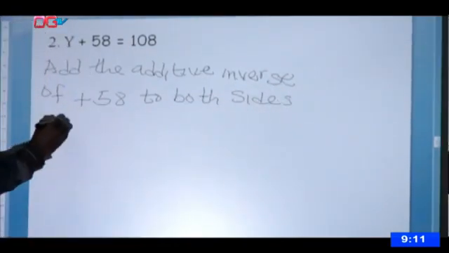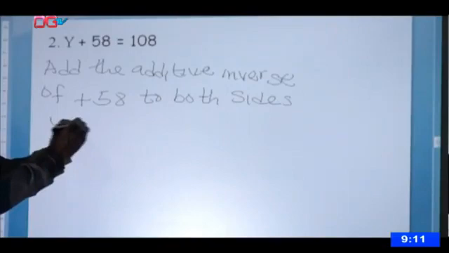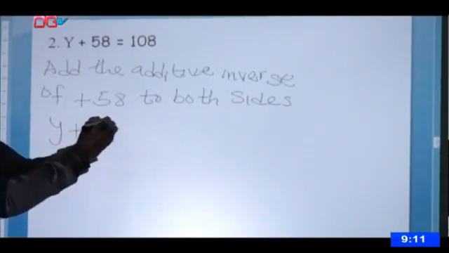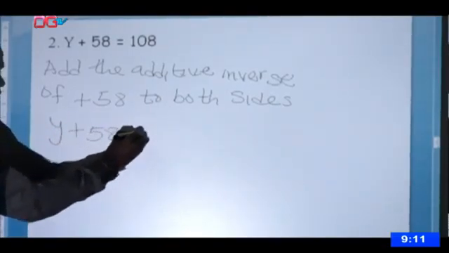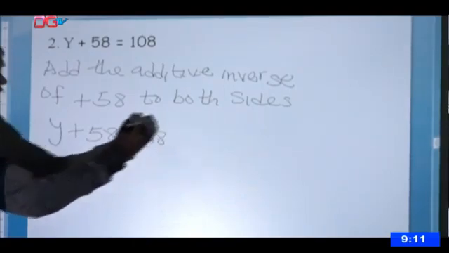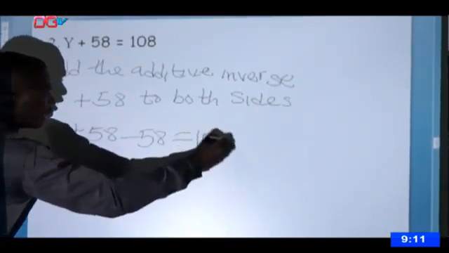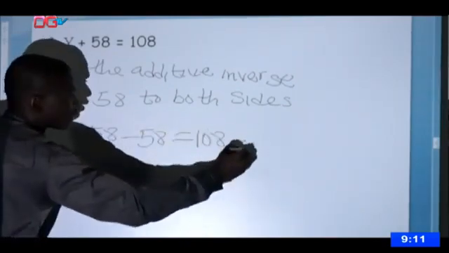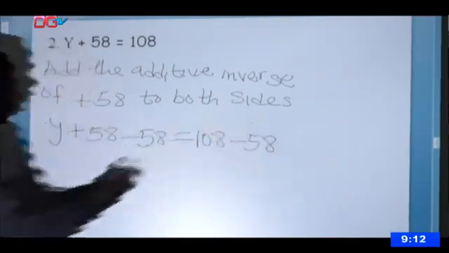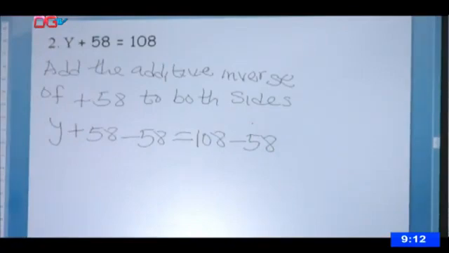Okay? And we have something like this. Plus 58 minus 58 equals 108 minus 58. Very good. Now, this side, plus 58 minus 58, will give us 0.